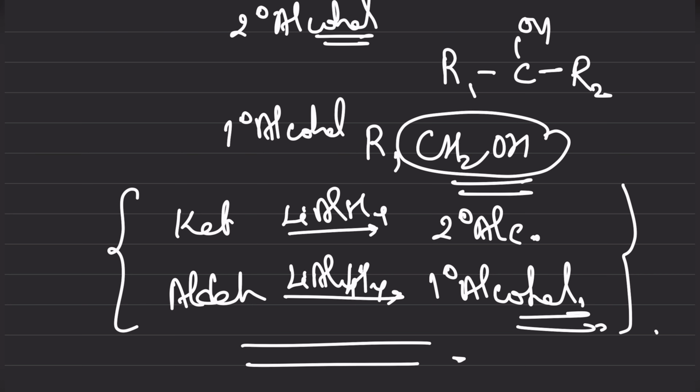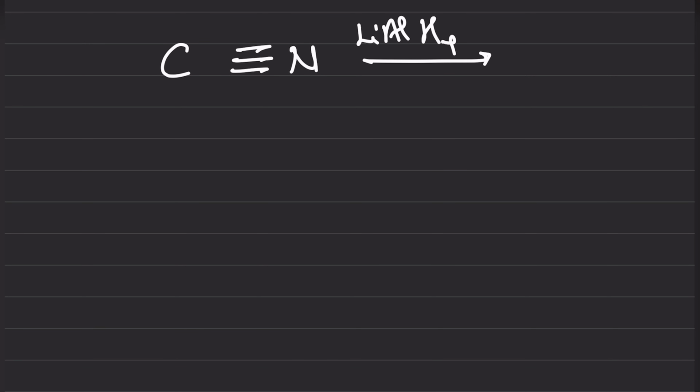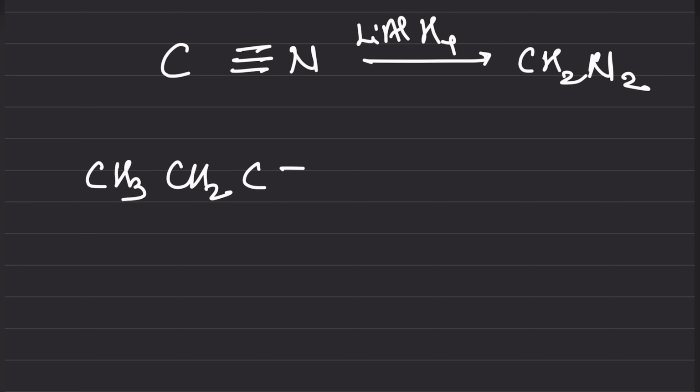Suppose that C triple bond N is there and we are reducing with the help of LiAlH4, so it will form CH2NH2. Suppose there is a reaction CH3CH2C triple bond N and the reagent is LiAlH4.